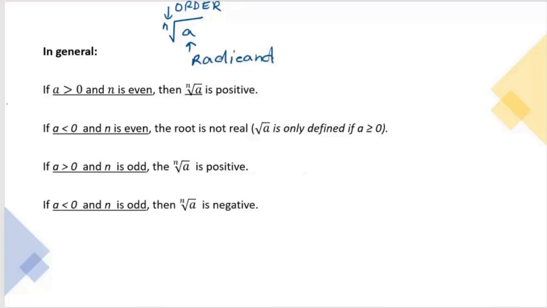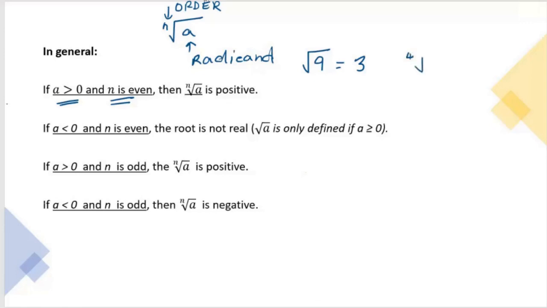If the number under the radical sign, or the radicand, is greater than 0, which means it's a positive number, and n is even, so the order of the radical is even, the answer you'll give is always going to be positive. So for example, we said the square root of 9 will be a positive answer, in this case, positive 3.